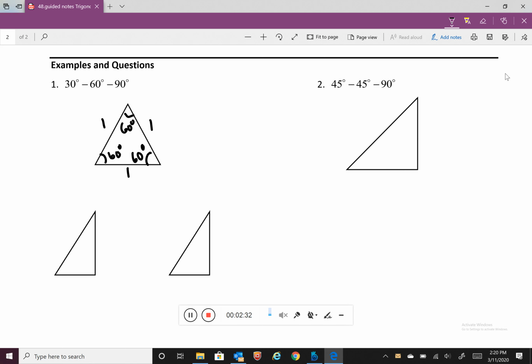So what we're going to do is take this equilateral triangle, and I'm going to choose one of the vertices, and I'm going to drop a perpendicular, thereby creating a 90 degree angle. Now notice I never touched this 60 degree angle, but we bisected this original 60 degree angle, which then creates a 30 degree angle, and there's our 30, 60, 90 degree triangle.